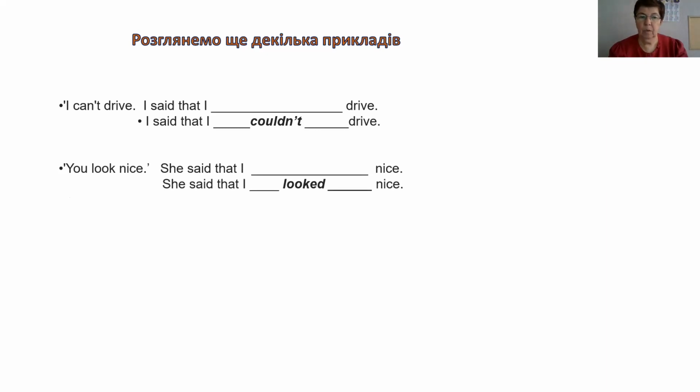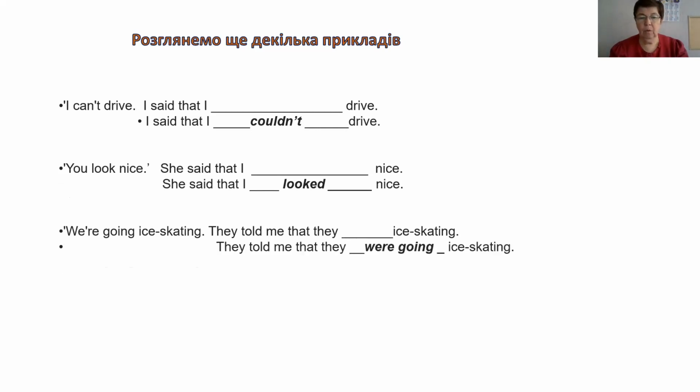Another example. We are going ice skating. They told me they were going ice skating. Present continuous changed into past continuous. It is the expression we are going to do something.